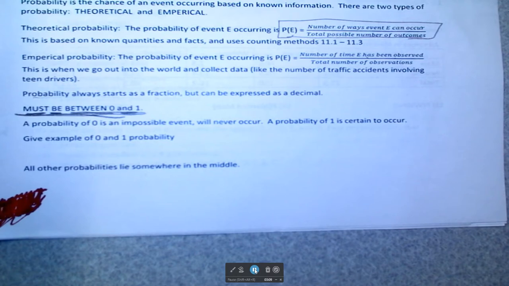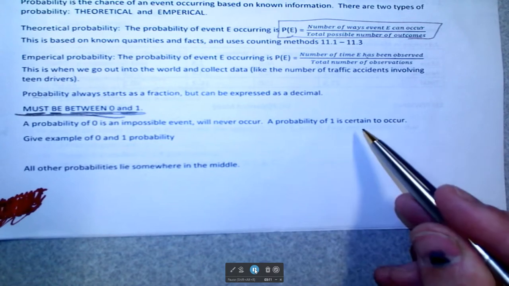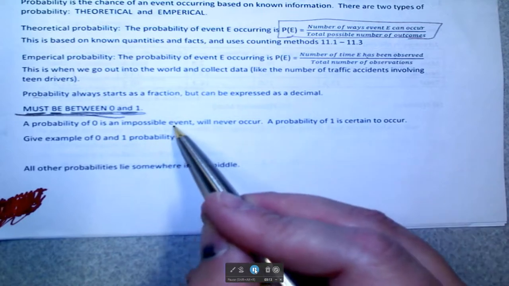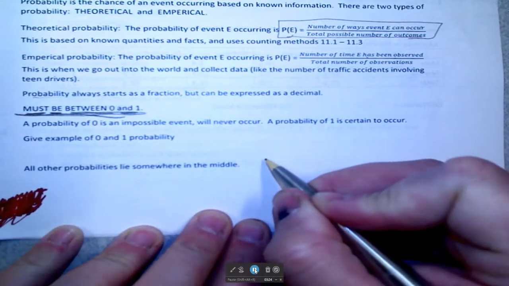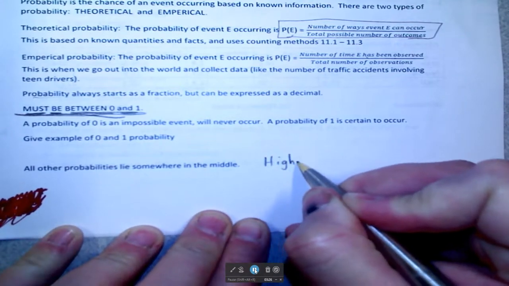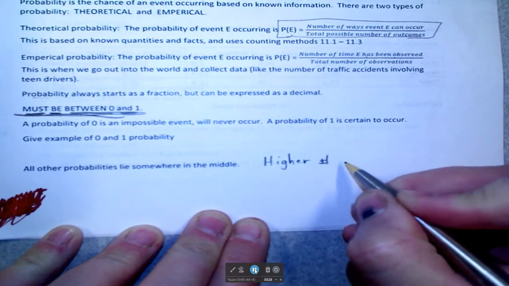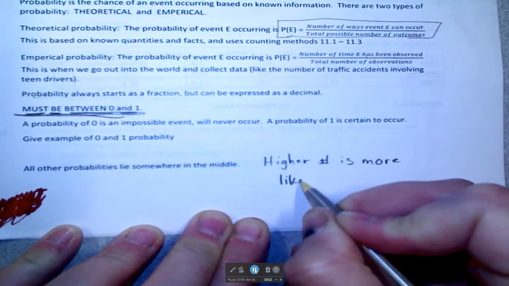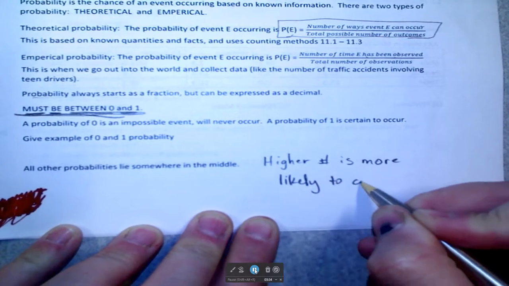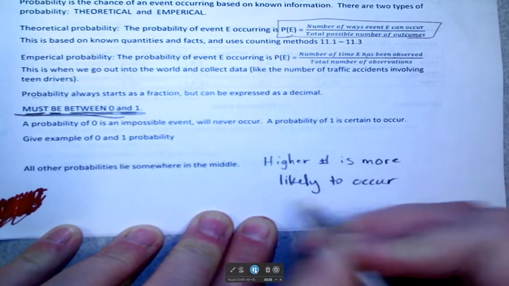Most things in life are not certain to happen, but you also can't say they'll never happen. So almost everything else falls in the middle: 0.1, 0.2, 0.5, 0.8. The thing you need to know is that a higher number is more likely to occur.